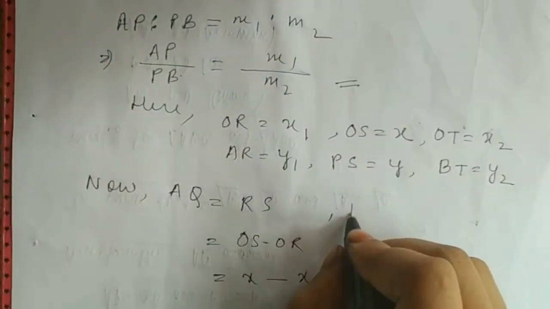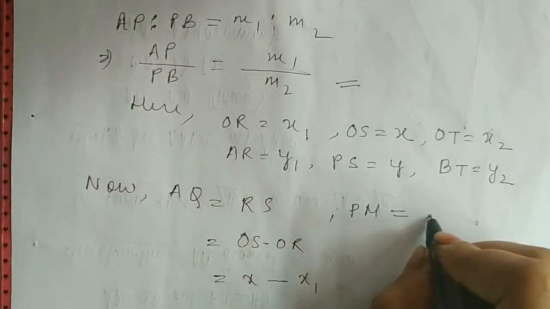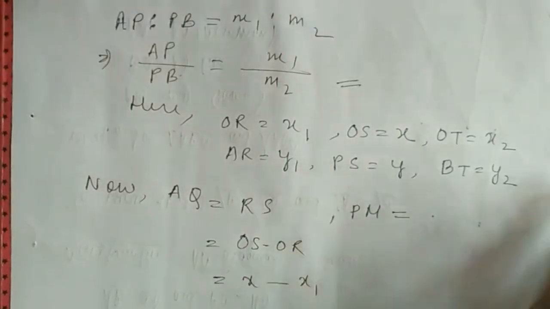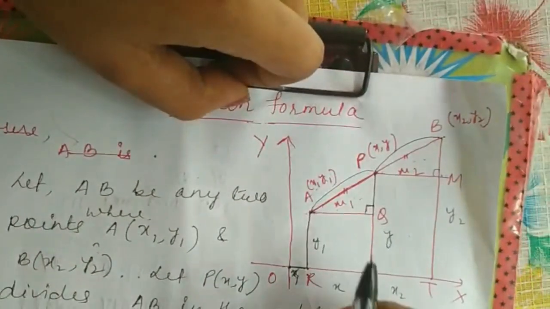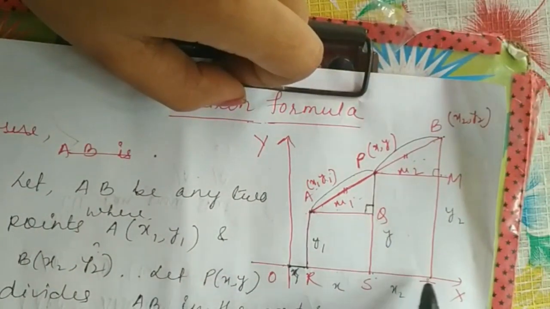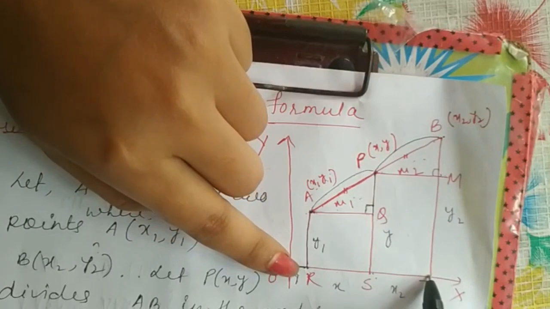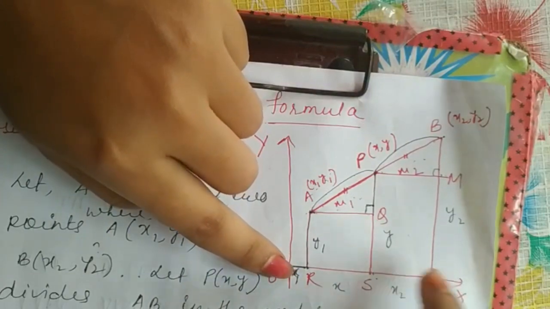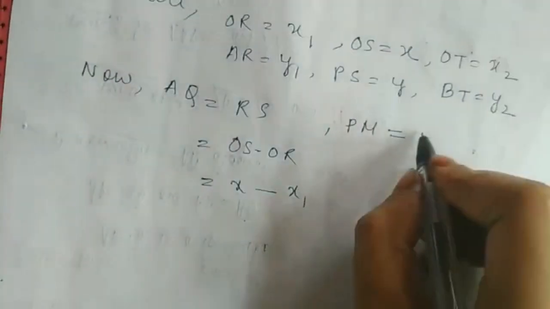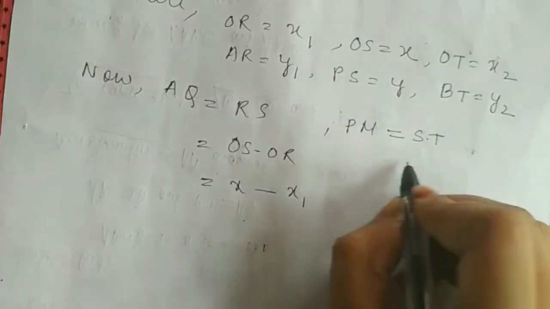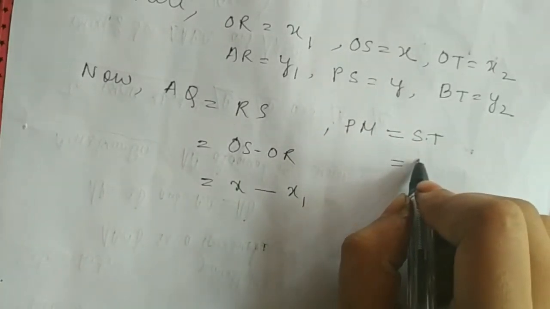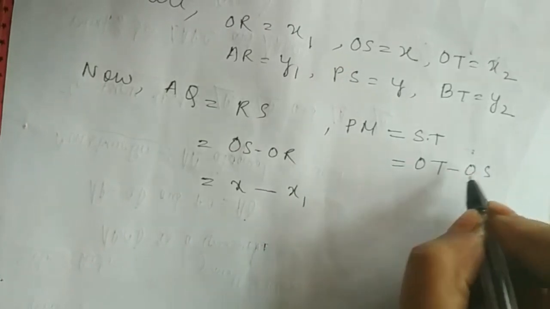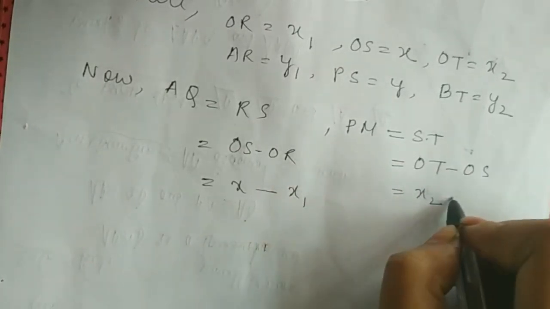And PM equals ST, so in place of ST we can write OT minus OS. OT is x2 and OS is x. So PM equals x2 minus x.